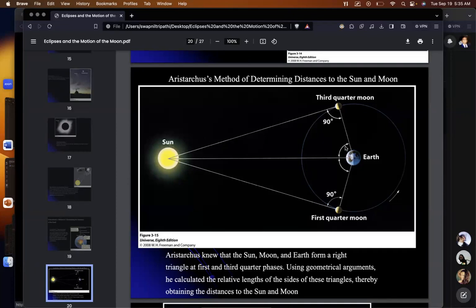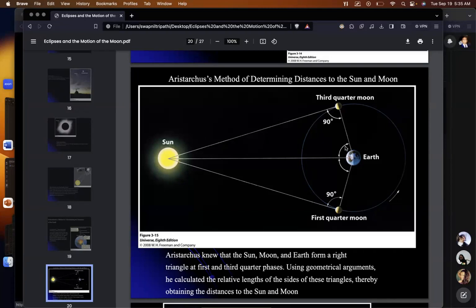Further, by comparing the shadow of the earth and the size of the moon, by observing a lunar eclipse, it was found that the moon looked about 1/3 the size of the earth.